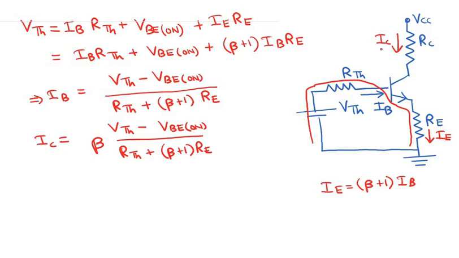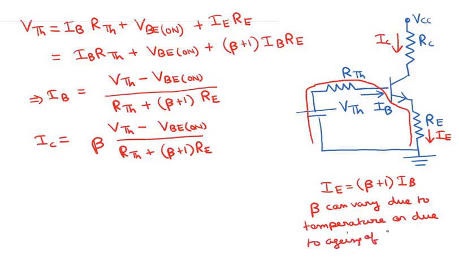Beta of a transistor, or the common emitter current gain, can vary due to temperature, or due to aging of the transistor, or other factors, like if there is excessive heat dissipation and the transistor heats up too much during operation, then the transistor beta would permanently change.